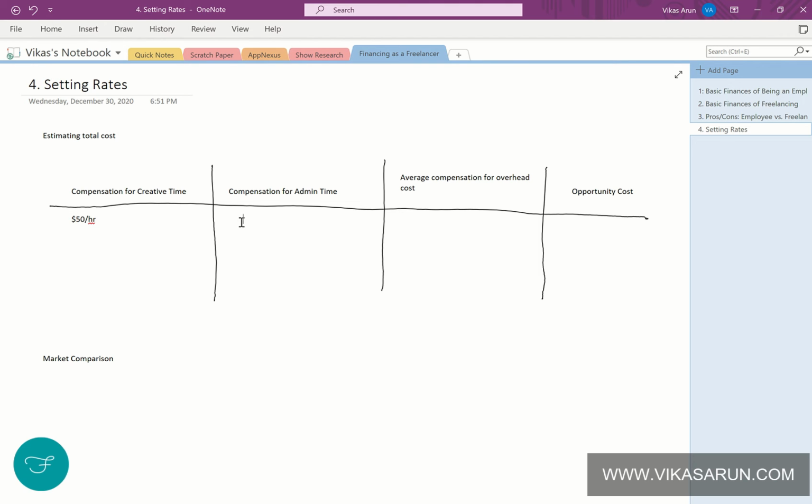I'll assume that for every hour that I spend teaching, there's about half an hour of admin time, so time spent talking to the studio owner, negotiating payments, whatever. This is actually light. Well, actually, let's estimate it 100%. So for every hour of time that I spend teaching, I spend an hour of time on admin.